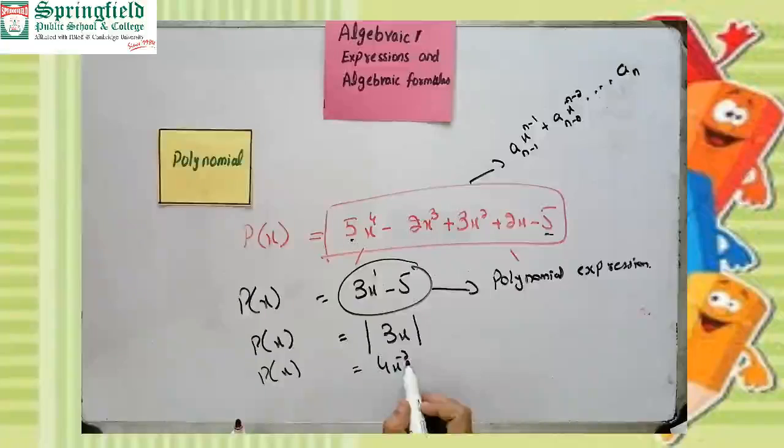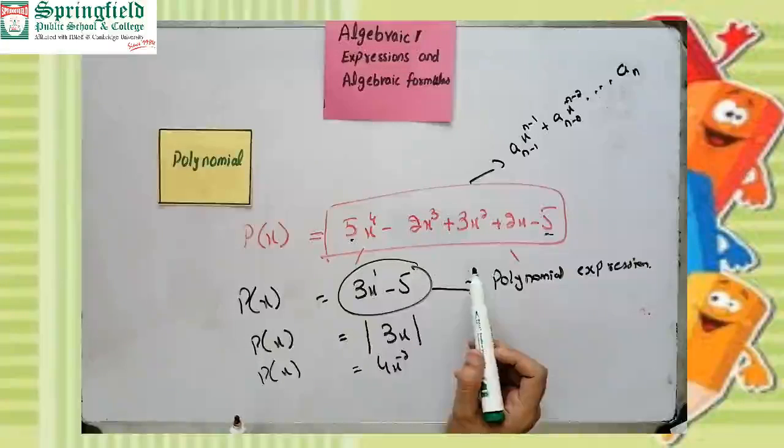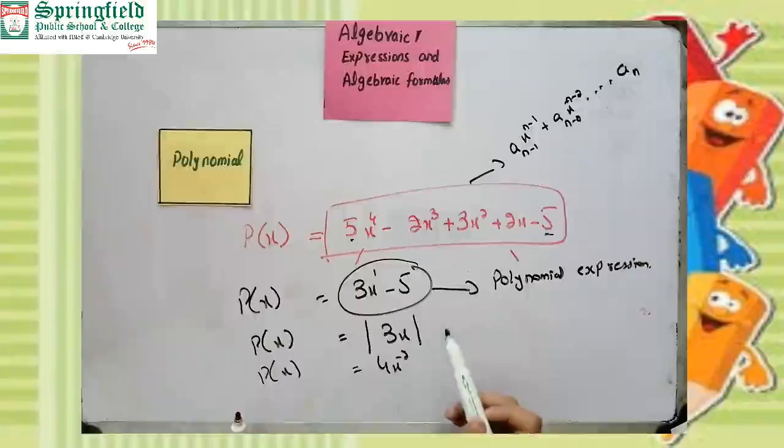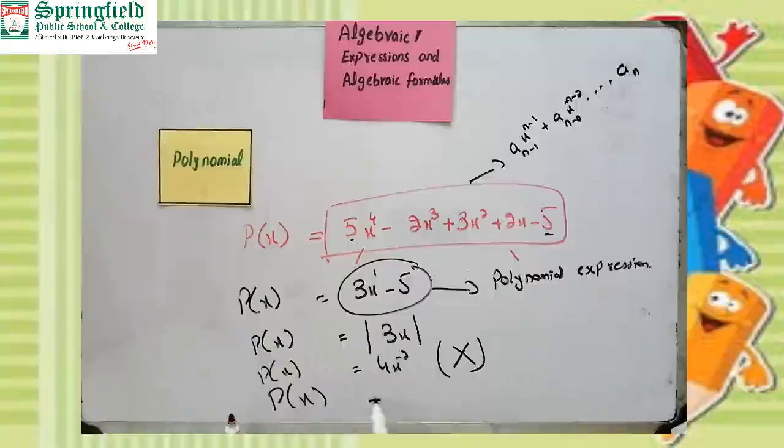Here the power is negative, and we know that a polynomial expression has non-negative powers. So this is not a polynomial expression. And p of x equal to 4x power 1 by 2. 1 by 2 means 0.5 in decimal form. So this is not a polynomial expression.